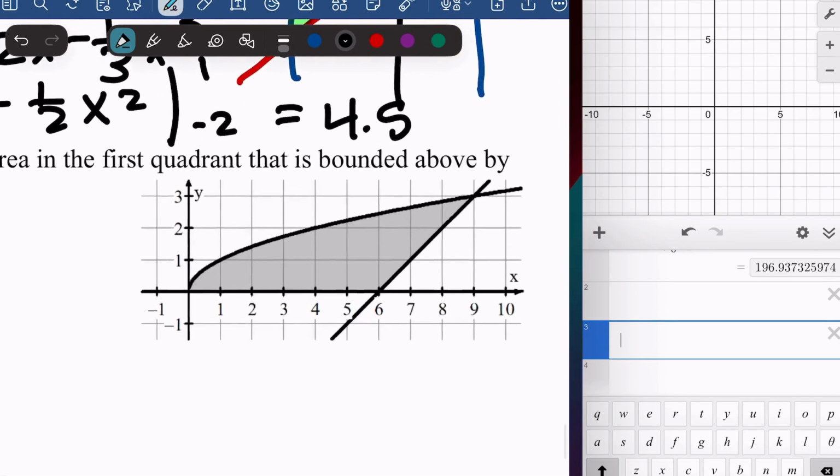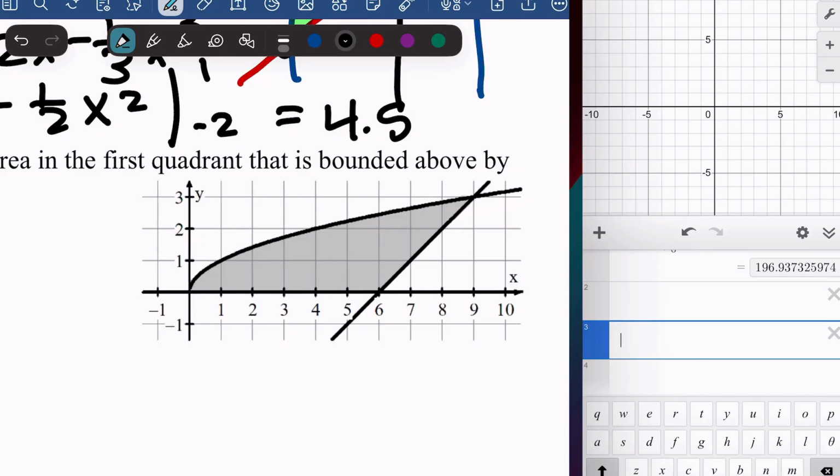It wants us to find the bounded area, but notice that the line and the square root function are not encompassing the area entirely on the x-axis, which means that area is only between the two functions starting at x equals 6, right here.